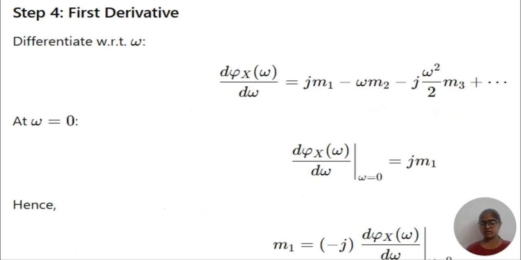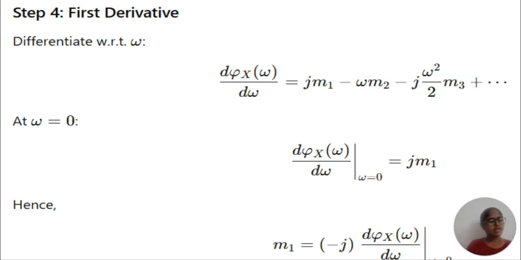While differentiating, look into those terms clearly. d by d omega of phi x of omega equal to 0 plus j m1 minus omega m2 minus j omega square by 2 into m3 plus and so on.